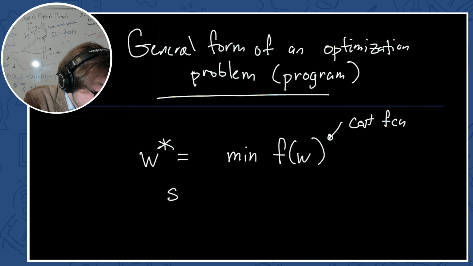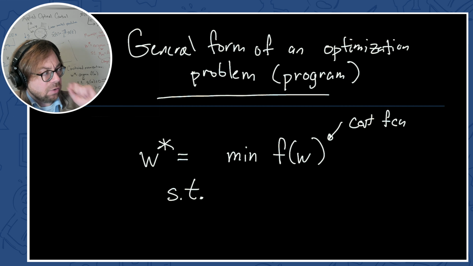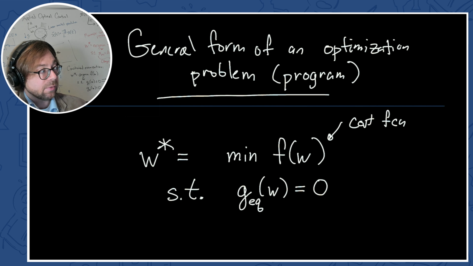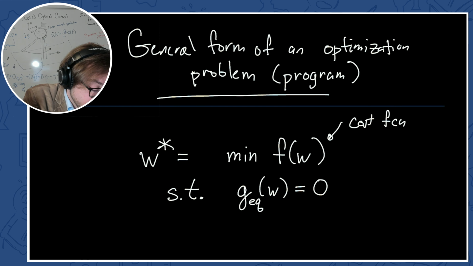Okay? So we actually say, just down below, ST, that means subject to. And we could say g_eq, sub EQ for equality constraints, of w must be equal to 0. Those are your equality constraints. Again, they must be equal to 0.